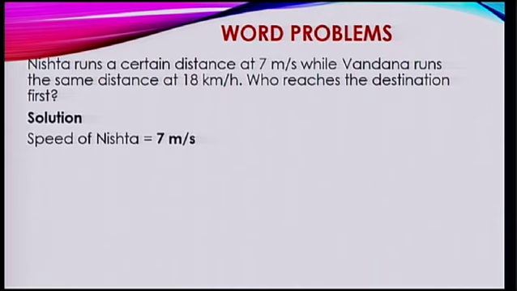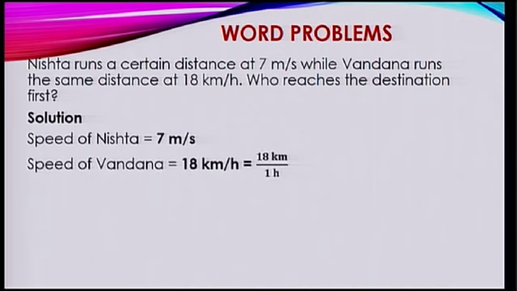Let's see. The speed of Nishta is 7 meters per second, right? And the speed of Vandana is 18 kilometers per hour. So that's 18 kilometers over 1 hour. If we convert it, it will be 18 times 1,000, and you will divide that by 1 times 3,600.